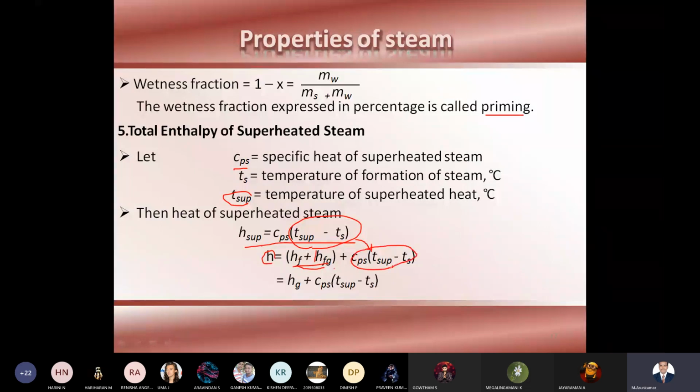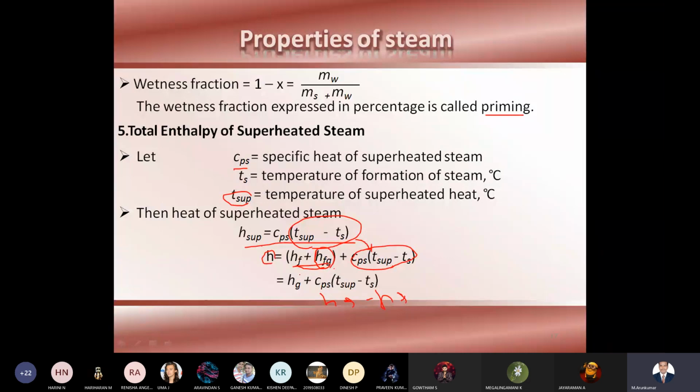The formula will be hf plus hfg plus Cp into change in temperature, right? So if you substitute this hfg, we will have hg minus hf in this.